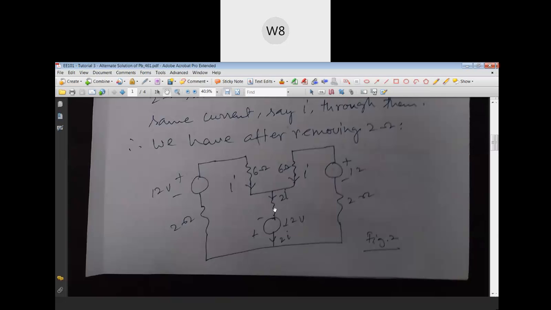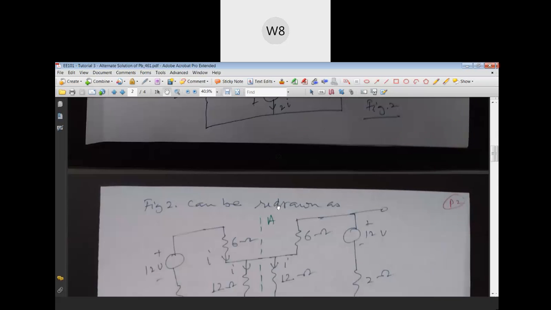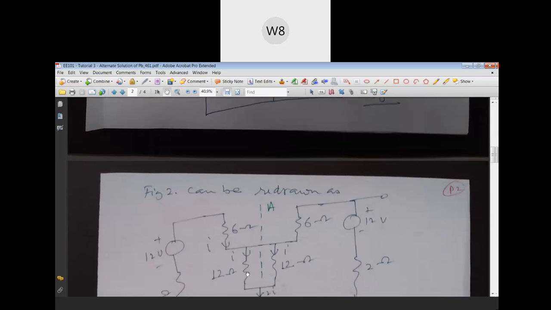This can be done by representing this 6 ohm with two parallel resistors like this. Each of the 12 ohm resistors carries current equal to I. These two 12 ohm resistors in parallel are equivalent to 6 ohm, so we have the same scenario as previously in terms of resistance.